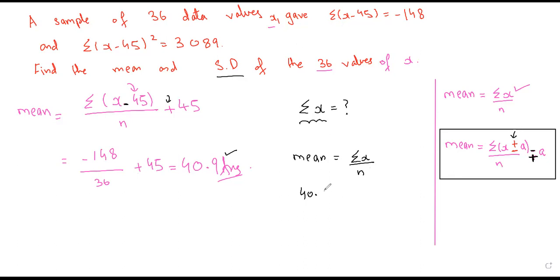Mean is 40.9 equals summation x, which is what we need to find, over n, which is 36, and then 36 into 40.9 is 1472. Very good, 1472. This is your summation x.